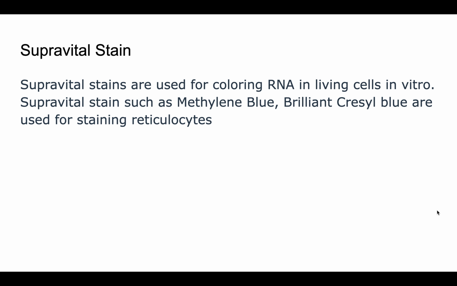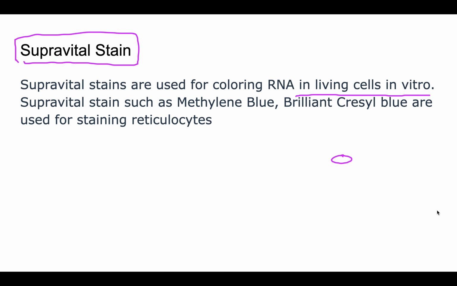Now, how we do it: the supravital stain method. What does supravital mean? It means we are coloring the cells in vitro while they are living. Whenever we do Leishman staining, we make a smear, the cells die, and then we stain them. Here we are staining living cells.